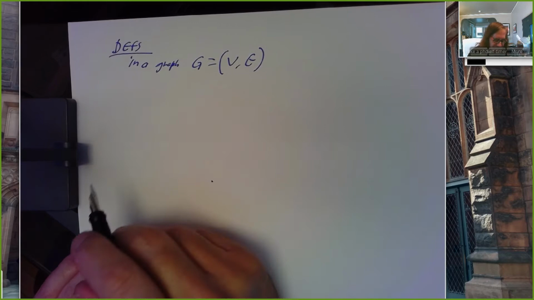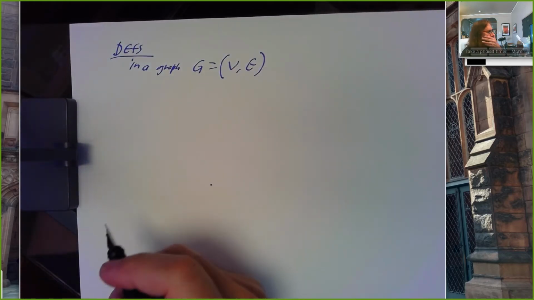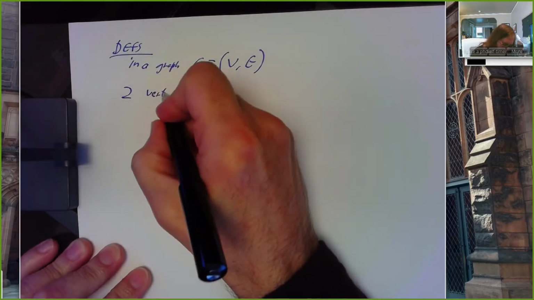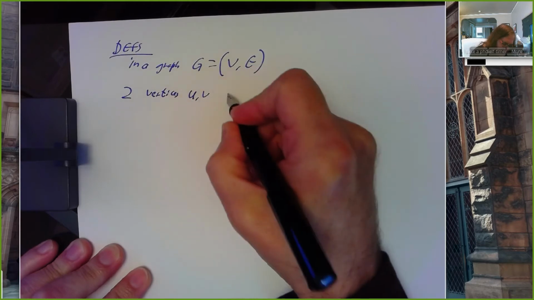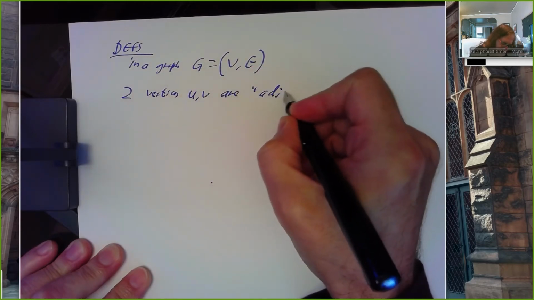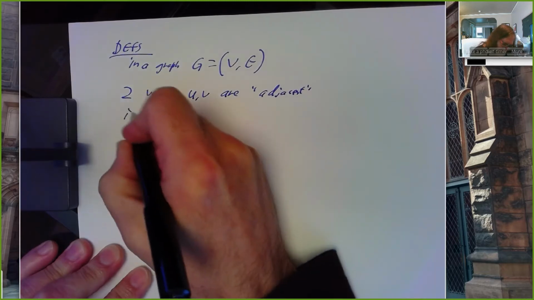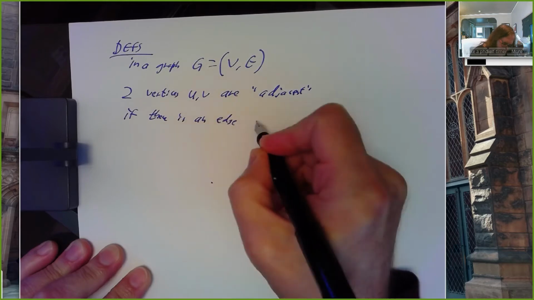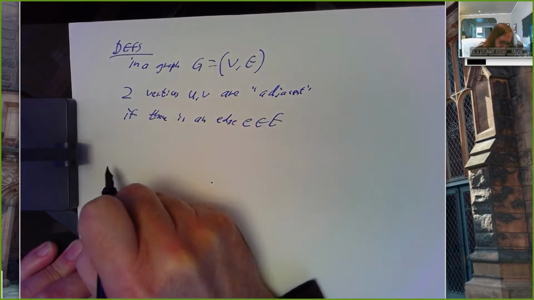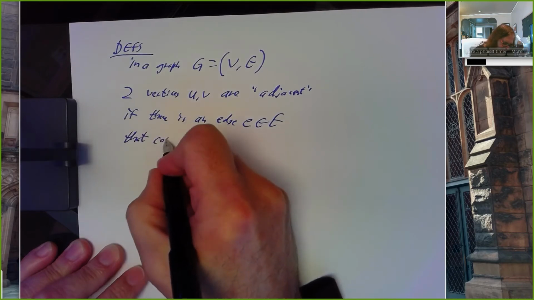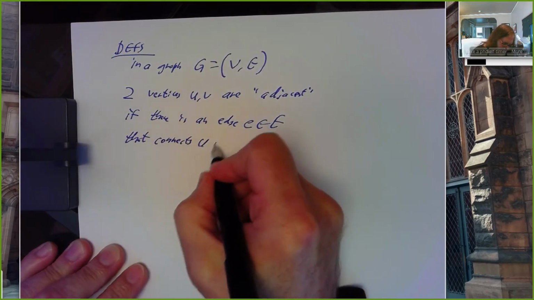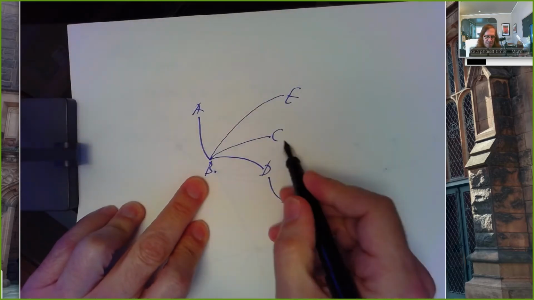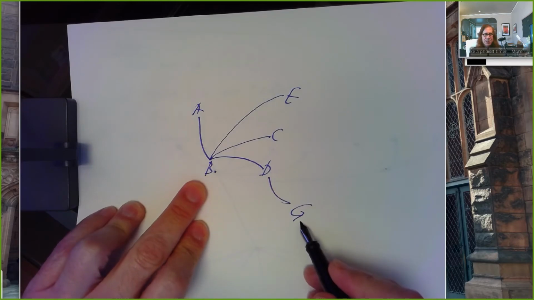So in a graph G, comprised of vertices and edges, two vertices, U and V, are called adjacent if there is an edge E contained in E that connects U and V. So again, hand wavy, B and E are adjacent, B and C are adjacent, B and G are not adjacent.